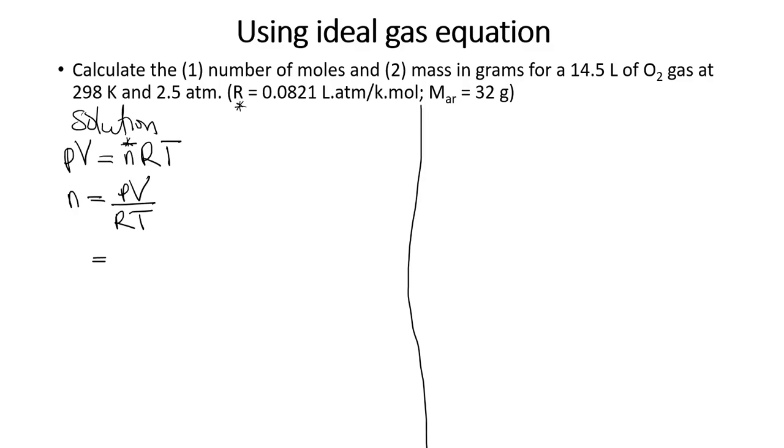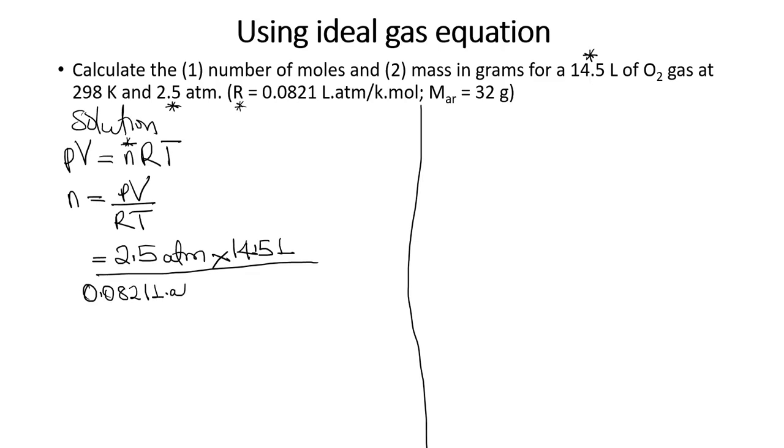What is the P? The pressure is given here, 2.5 atmospheres. What about the V? The volume is given here, 14.5 liters. What about R? R is 0.0821 liter atmosphere per Kelvin mole.